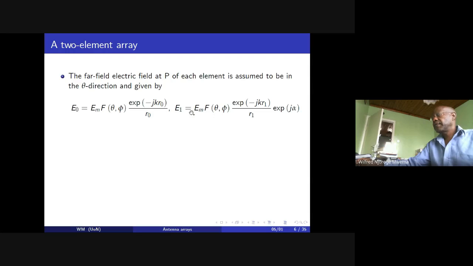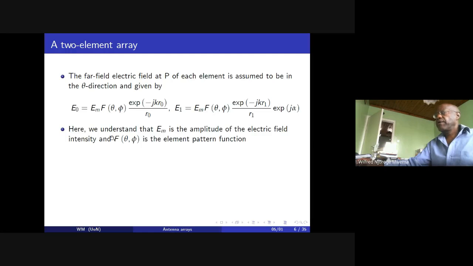And E1 is given by EM multiplied by the same antenna pattern function, because they are identical, so we have the same f theta phi, multiplied by the propagation factor for that particular value, and multiplied by the phase angle of the current exciting the second element.